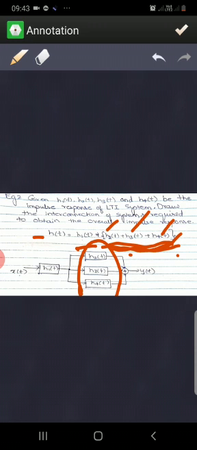Either you can connect it here or there, because the convolution property is commutative. So h1 of t, then the parallel combination, gives x of t as the input and y of t as the output.